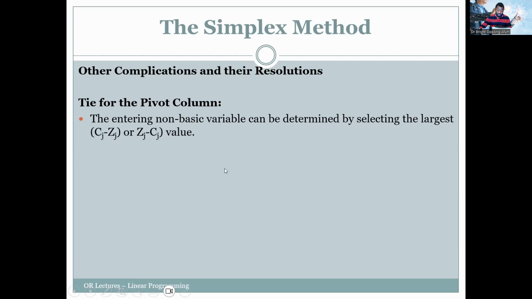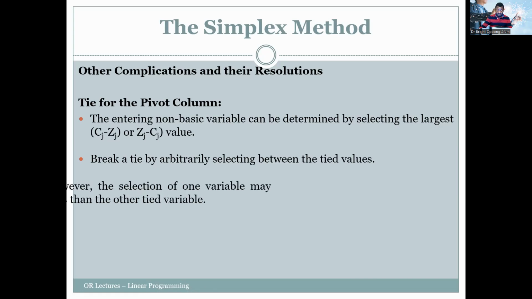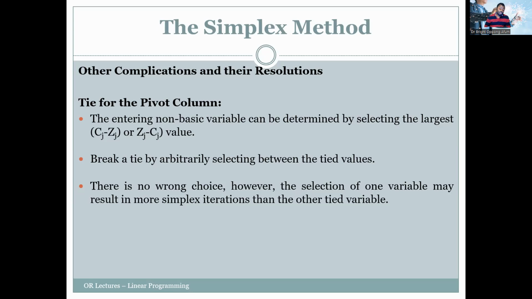So how do you then break a tie? By arbitrarily selecting between the tied values. There is no wrong choice. However, the selection of one variable may result in more simplex iterations than the other. There have been several studies to identify the best one to select, but I won't go deep into that.